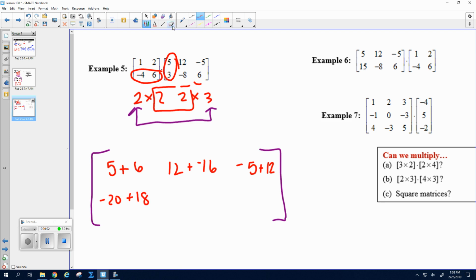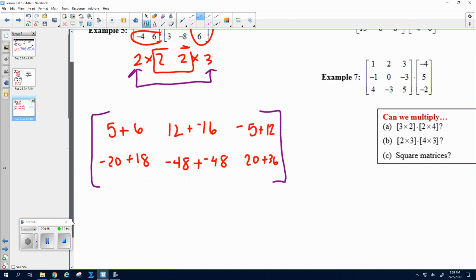Awesome. Now I'm going to go down the next column. What are we multiplying? Yep, which is negative 48. Plus 6 times negative 8, which is negative 48. Okay, now I'm going to go down the last column. So I've got negative 4 times negative 5, which is 20, plus 6 times 6, which is 36.